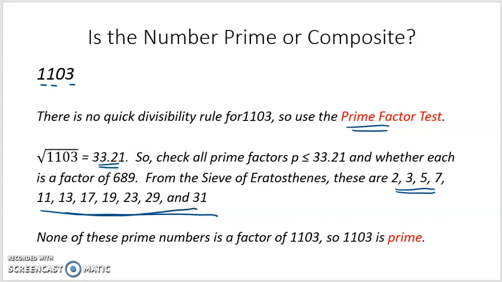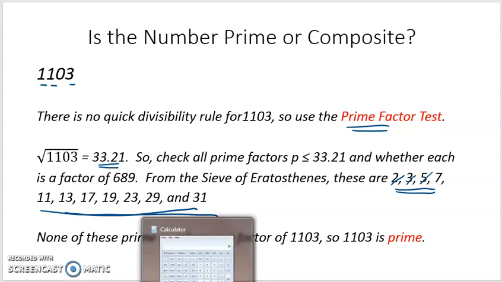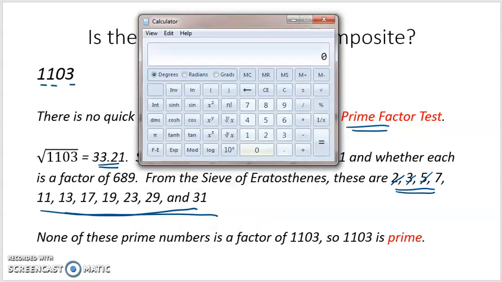I can already rule out a few of them. I know 2 is not divisible. I know 3 is not divisible. I know 5 does not go into 1103 because the last digit's not a 0 or 5. For the others, again, use long division or just your calculator. Let's check 29, for example. 1103 divided by 29 equals 34.03.